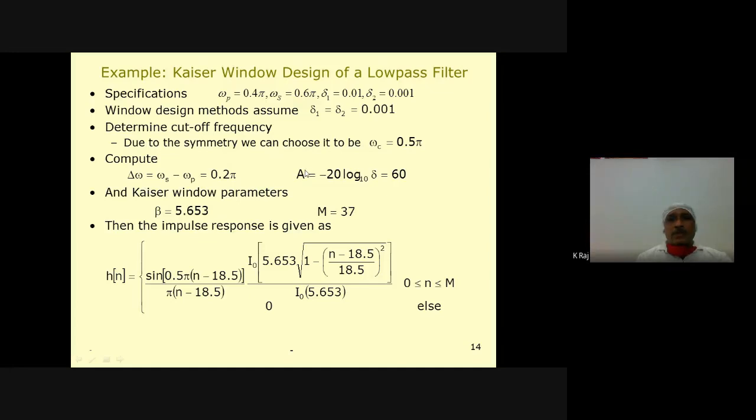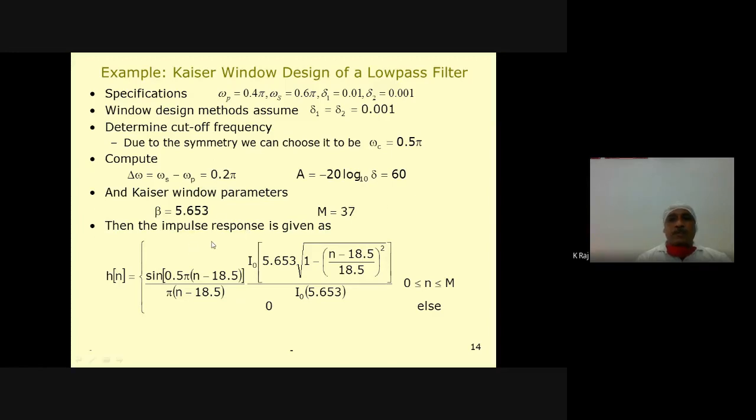After the calculation of A, we have calculated beta based on the formula that is given for the Kaiser window. After getting the value of beta, we can calculate the order M with the help of A and the transition bandwidth.